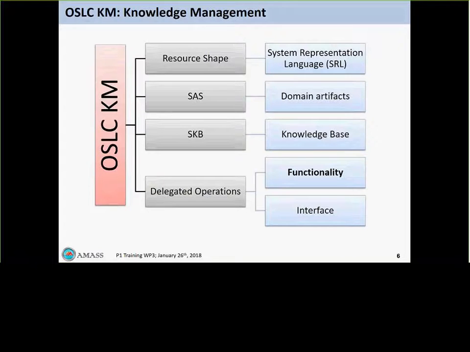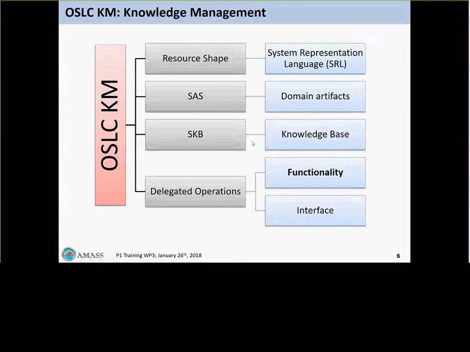Domain artifacts represent the different content of each OSLC flavor with the same background. We call them system artifacts, in fact, and what gives it coherence behind is the system knowledge base.